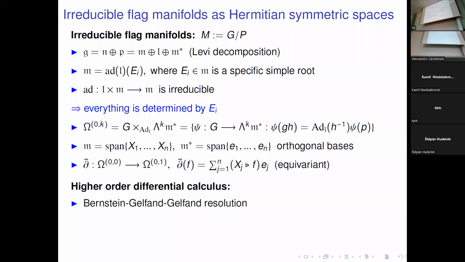The one we take out is the only one that acts non-trivially. The other ones are invariant, so they act on the orbits just trivially. Now, once we have the tangent space, we can take wedge products of the tangent space or cotangent space, and these are the associated line bundles.